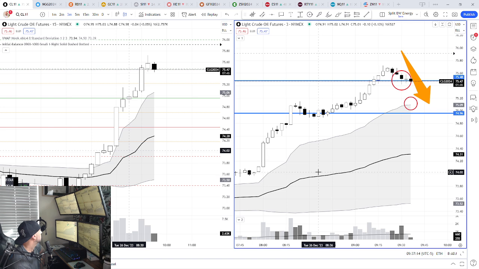Platinum just came down to VWAP. Gold is at the bottom of value area low. Oh yeah, platinum's tanking. Platinum's going straight down.